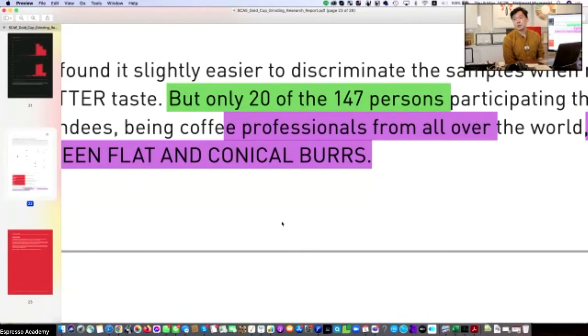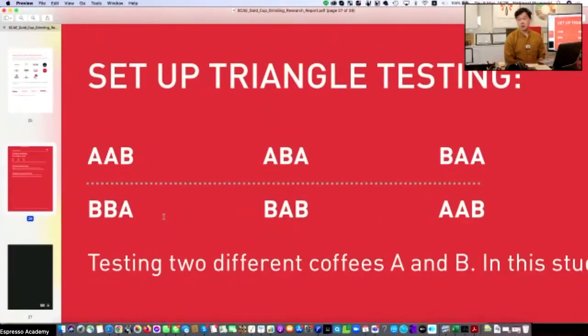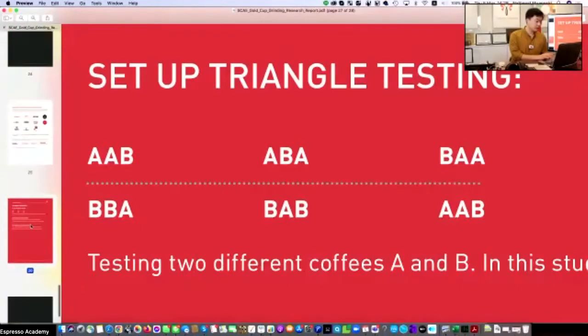Don't forget, out of 147 people, each person has the ability to answer 6 correct responses. That's 147 times 6, almost 900 possible correct responses, but they only got 20. And that is not enough to reject the hypothesis that there is no difference. They cannot reject it.